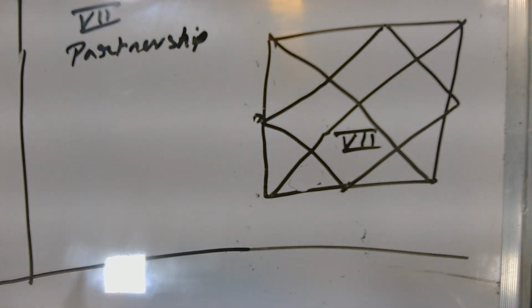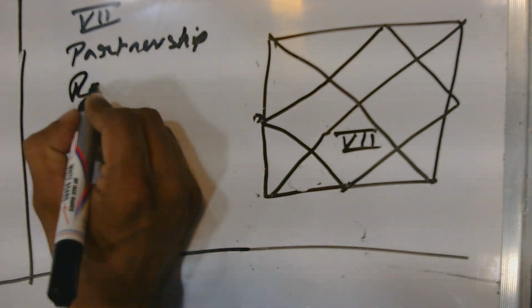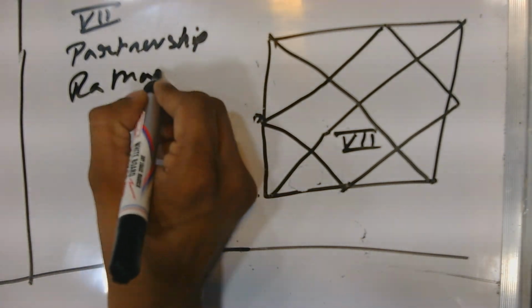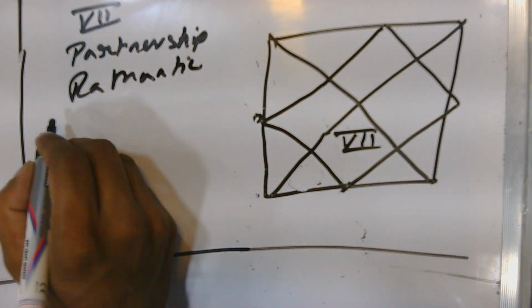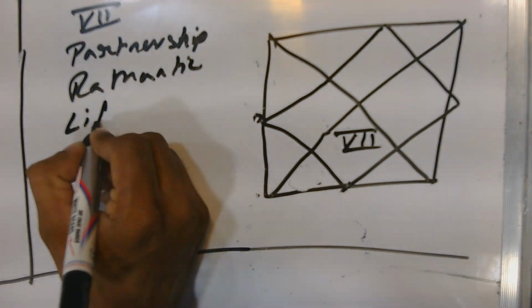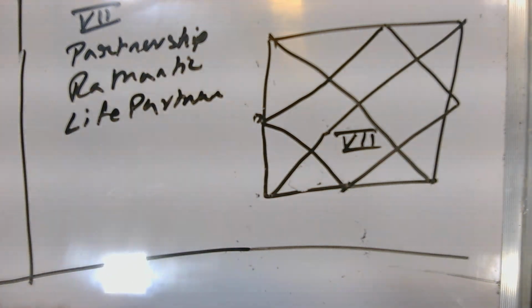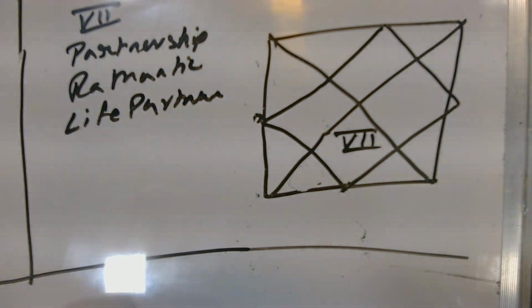The seventh house is one of the most looked into houses because it gives you information about your romantic relationships. It will give you information about your life partner, how your married life or your romantic life is going to be.